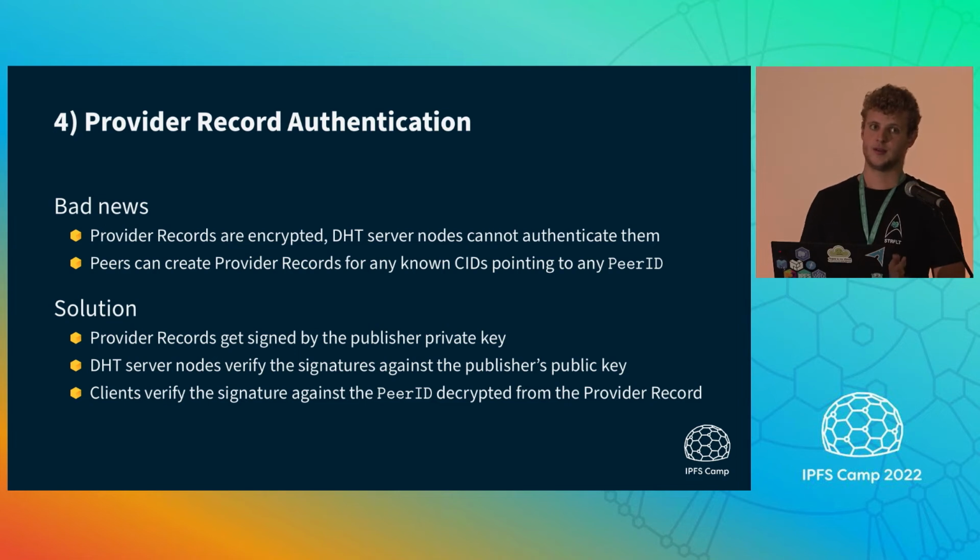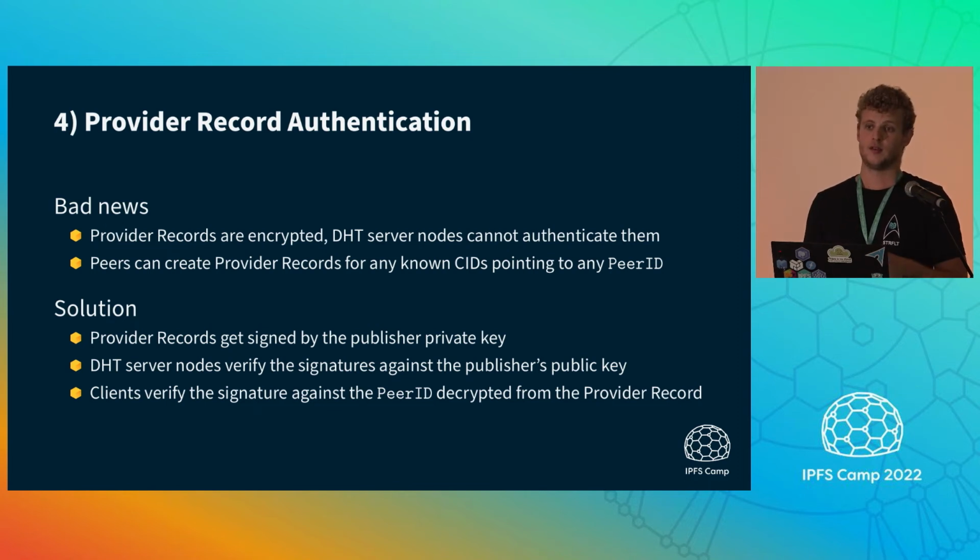Now, this encryption has some undesirable effects, which means that if I know the content of some file, I can say that somebody else is providing it, and I can create a provider record pointing to somebody else to DoS them.